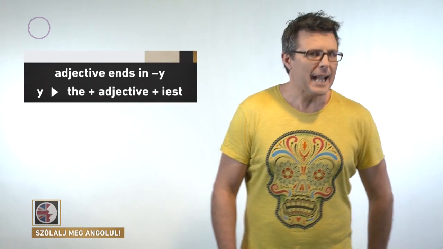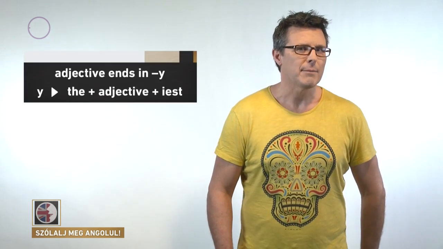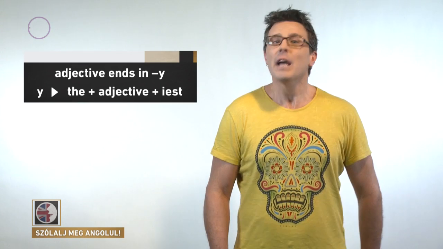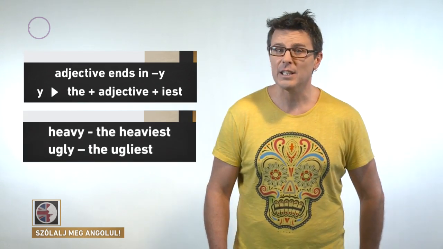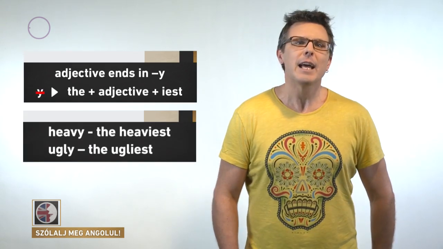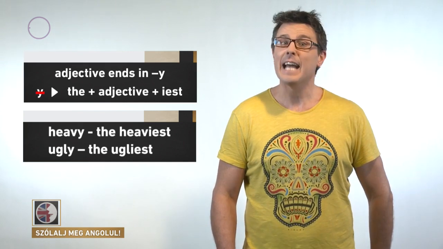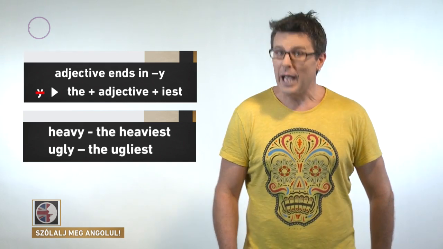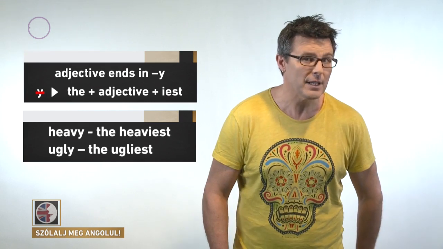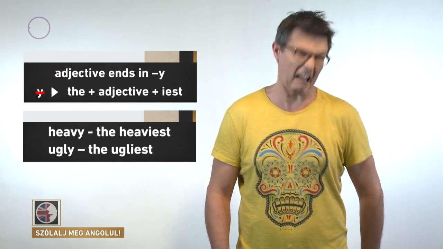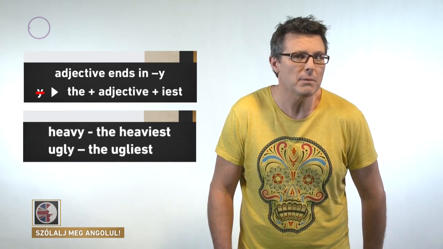Now, if the adjective ends in y, like heavy or ugly, then we drop the y and then add est. So heavy becomes the heaviest and ugly becomes the ugliest. Simple.